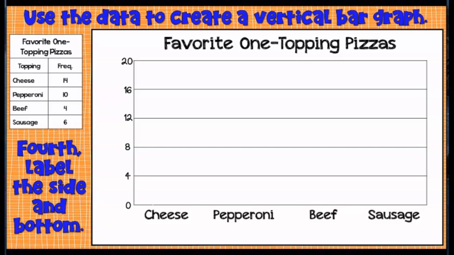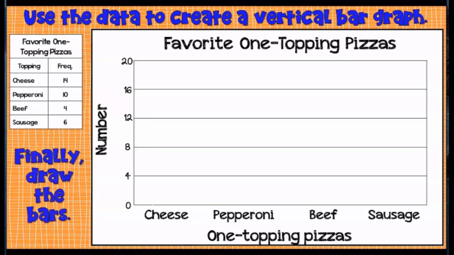So the cheese, pepperoni, beef, and sausage, what are those? Are those names of people? No, those are our one-topping pizzas that we're going to serve. And then 0, 4, 8, 12, 16, 20, those are the numbers, the number of people who chose that as their favorite one-topping pizza.